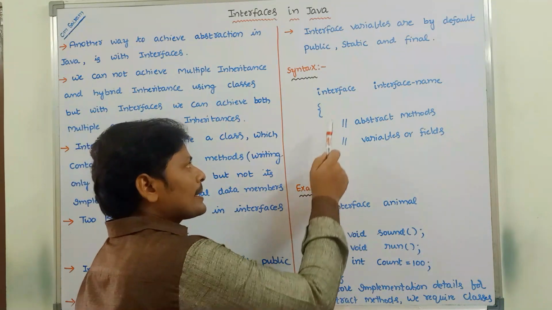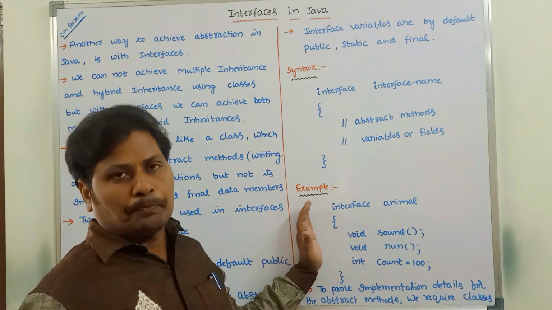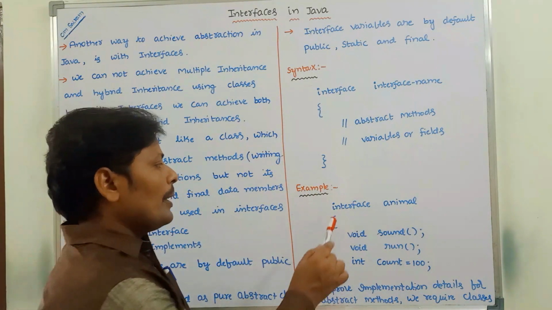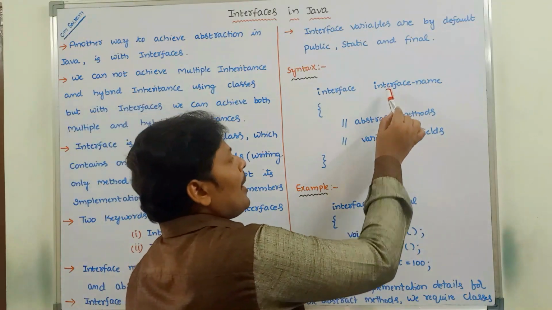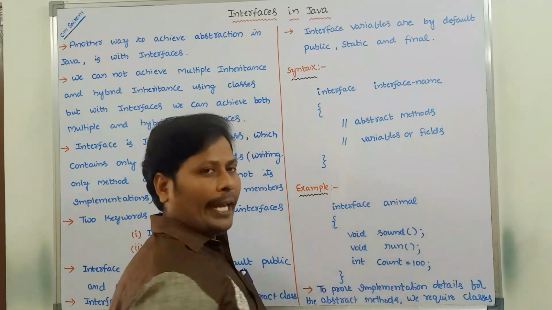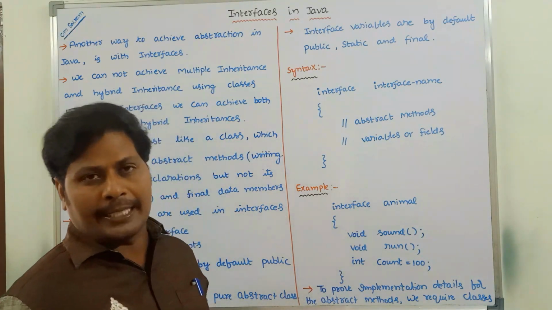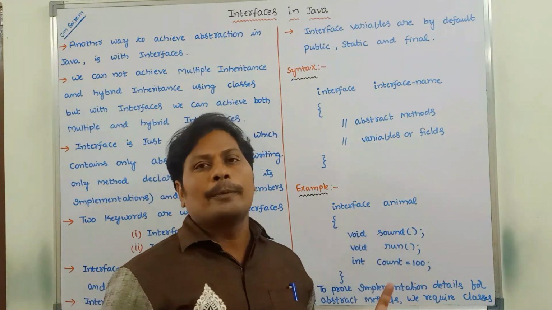Next, what is the example for interface? This example can be written using this syntax. First, we have to write the interface keyword. Next, the name of the interface is animal, and these are the two abstract methods within the body of the interface: void sound.